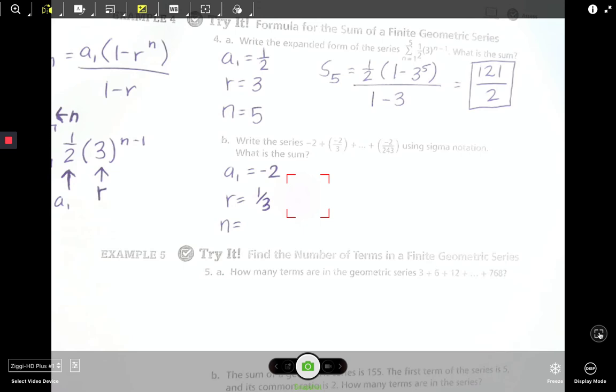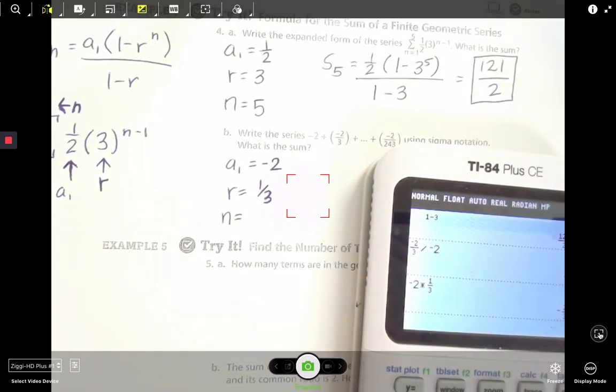I'll see if there's an easy shortcut to this, but I don't think there is, because they didn't tell us. No. Alright, so we're going to now say times 1 over 3, and that's our third number.